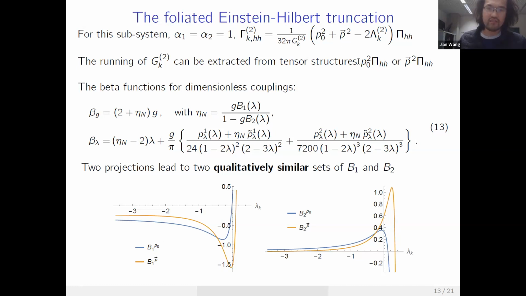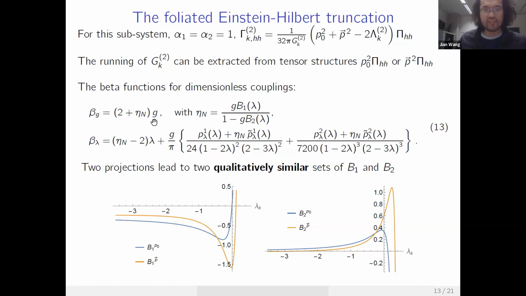That will lead to different projection rules. But in the end, we found that our beta function can be given in the following form.